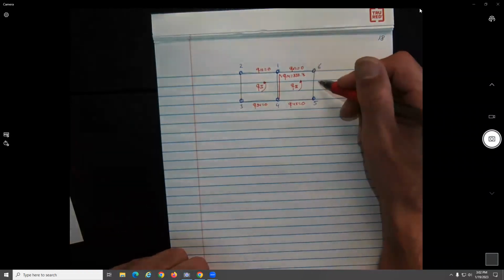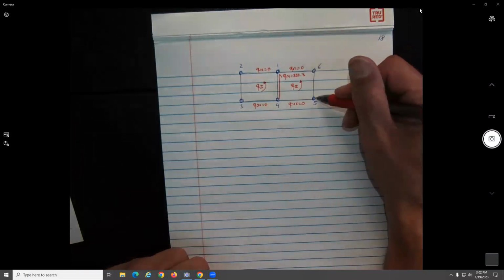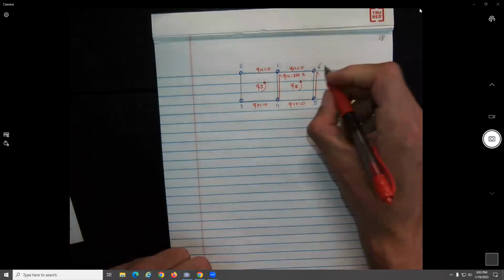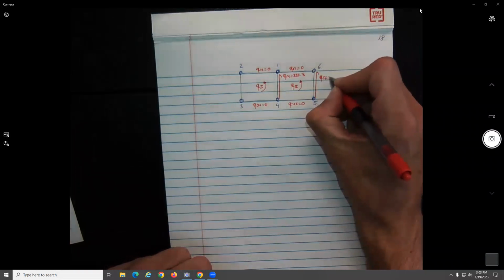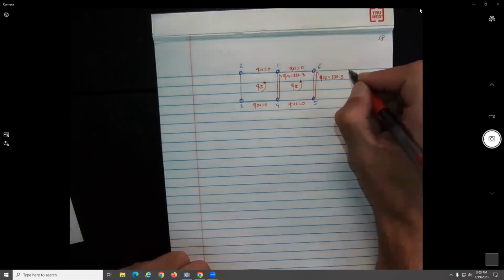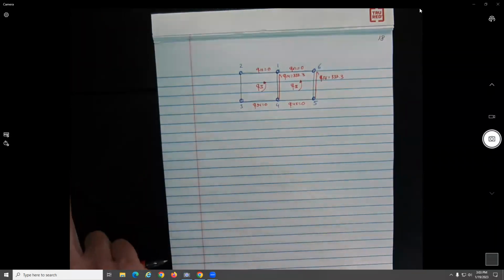Okay, the other one would be Q56. What do we have for Q56? 333. So this one is also up, no? It's not changing the sign. So Q56 is 333. Does that make sense or not? What was our initial problem?